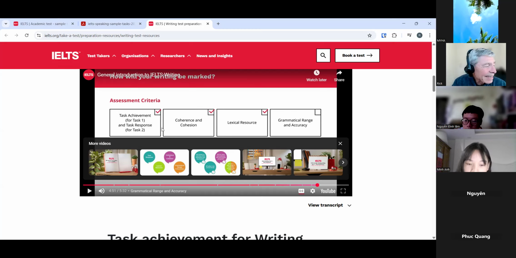So you can see there are 4 different categories or criteria in which you are marked. Each one is worth 25% of the total score. First, have you answered the question? Second, does your answer make sense and does it have the correct structure, such as POT?